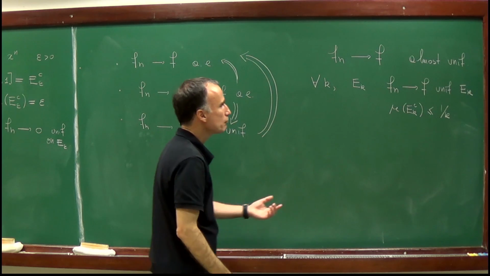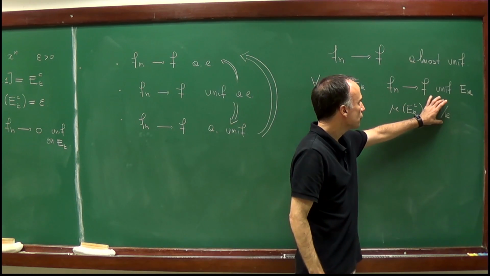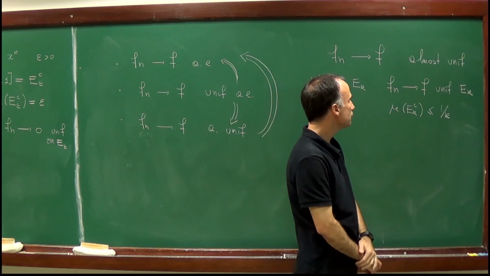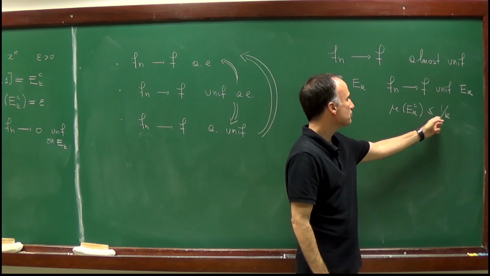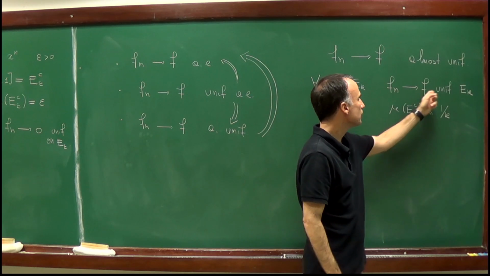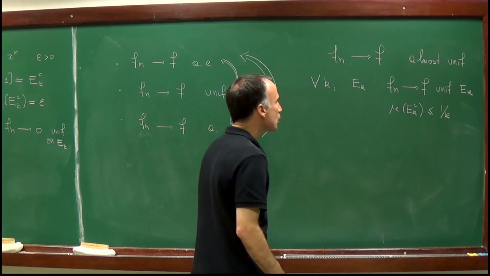So for any 1 over k you give me, I can find a set Ek whose complement has measure bounded by 1 over k, and you have convergence on Ek.